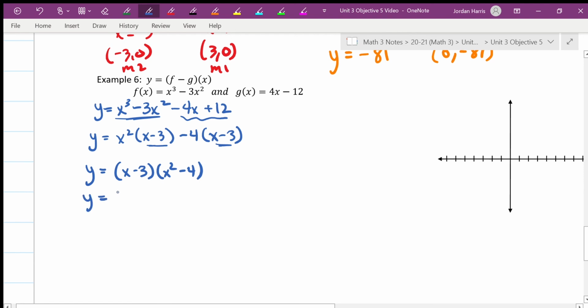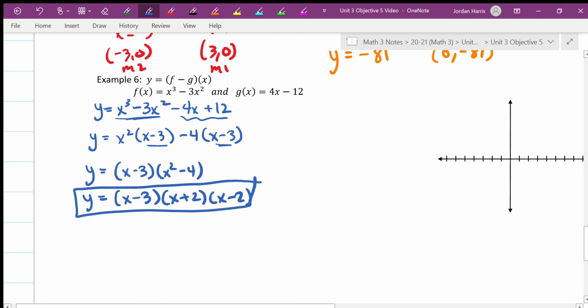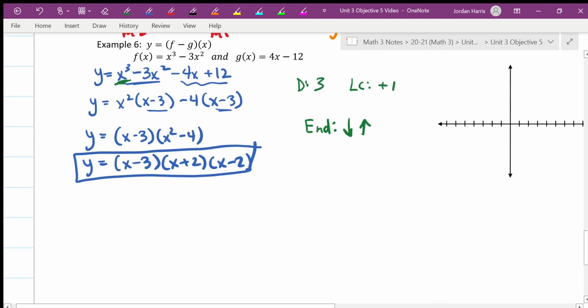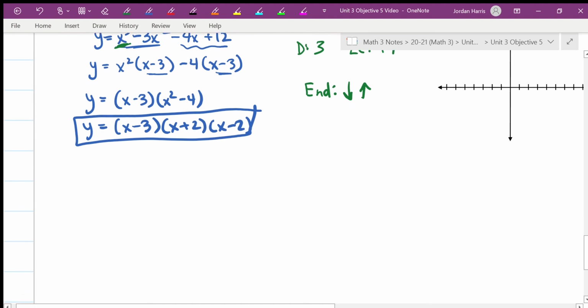It's difference of squares. There we have it. Degree, lead coefficient, and end behavior. Look at the original right here. Leading term, degree is 3, lead coefficient +1. Once again, happens to be down, up.